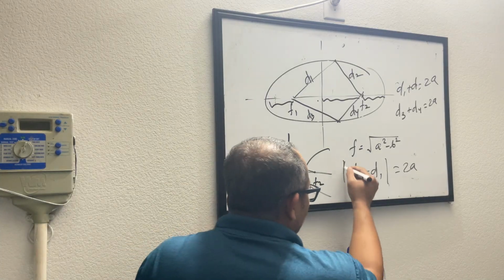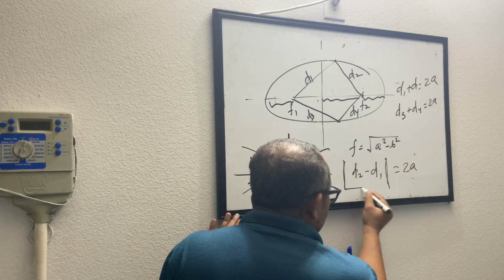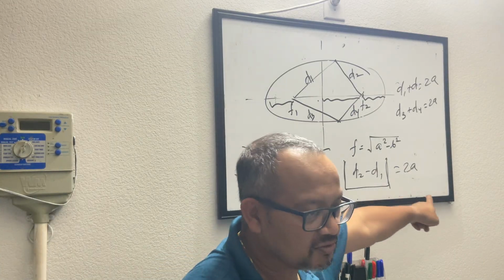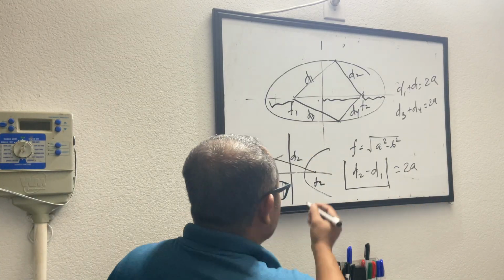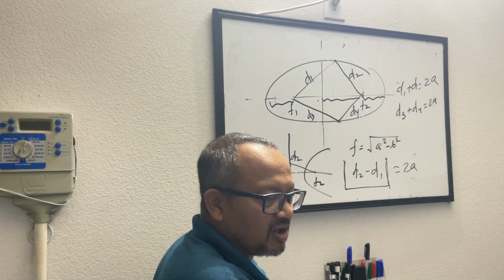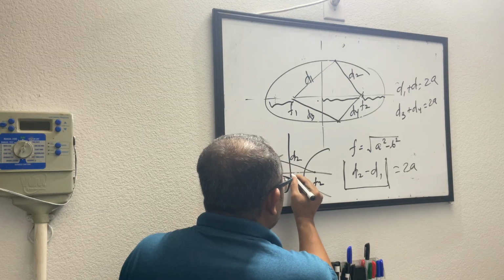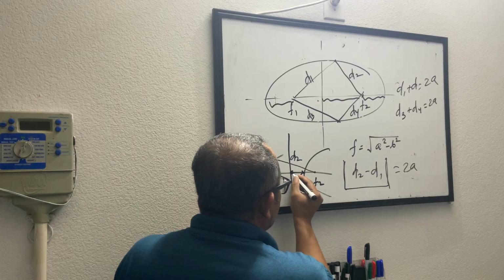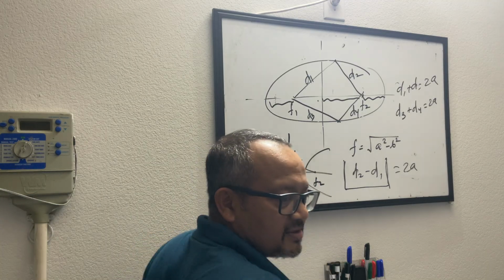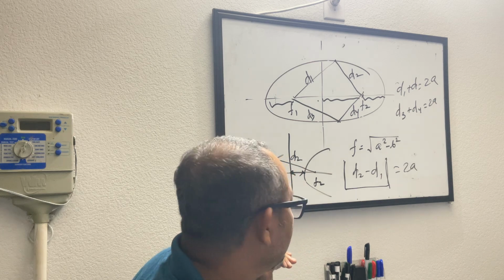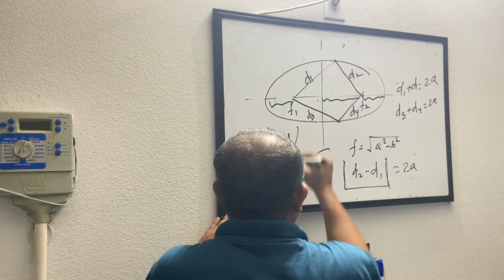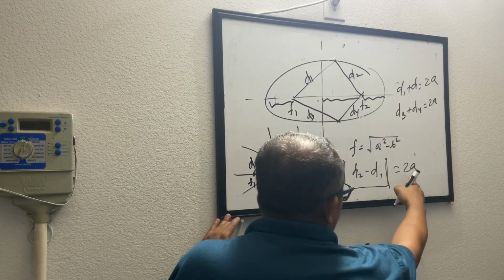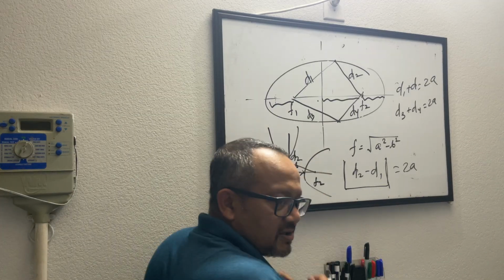And here I have put a mod sign, I'm talking about the absolute value of the difference in the distances, which will be equal to 2a. And a is again the a part, meaning this distance, from the origin to the vertex. If it is vertically aligned, I'm talking about the origin to here. This is my b, and this will be equal to 2 times b.